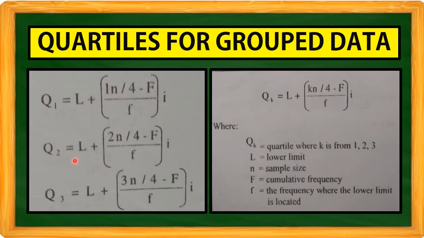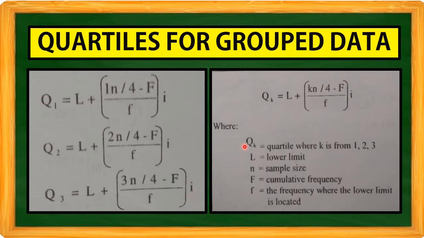So in quartile 2, lower limit plus 2n divide 4 minus the cumulative frequency divide by the frequency and multiply by the interval. In quartile 3, lower limit plus 3n divide 4 minus cumulative frequency divide by frequency multiply by the interval.